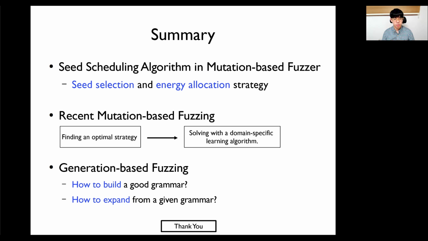Lastly, we explored another style of gray box testing method, which is generation-based fuzzing. Its key components are about how to build good grammars and how to expand from given grammars.